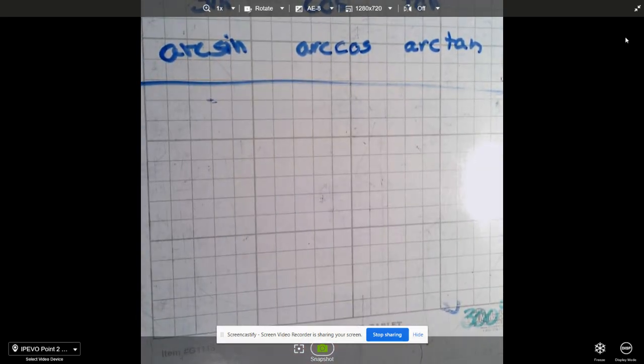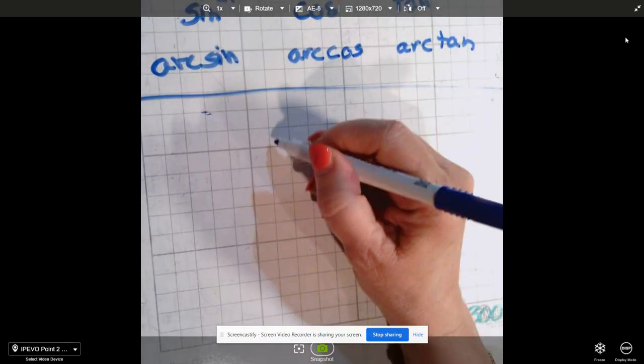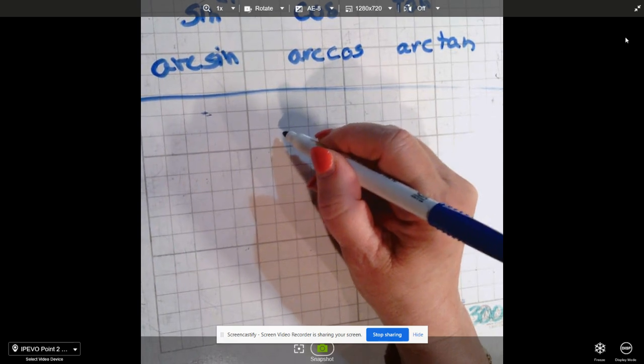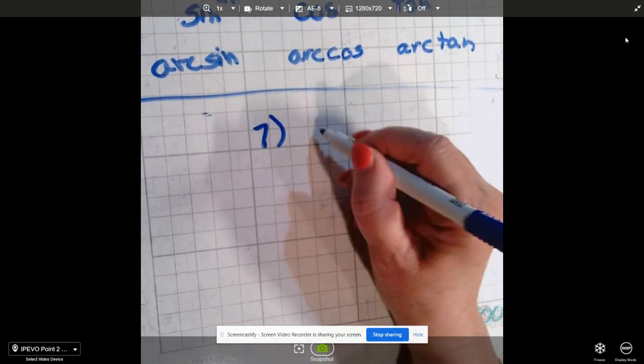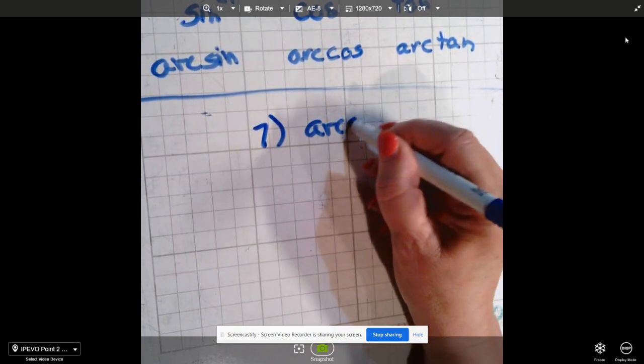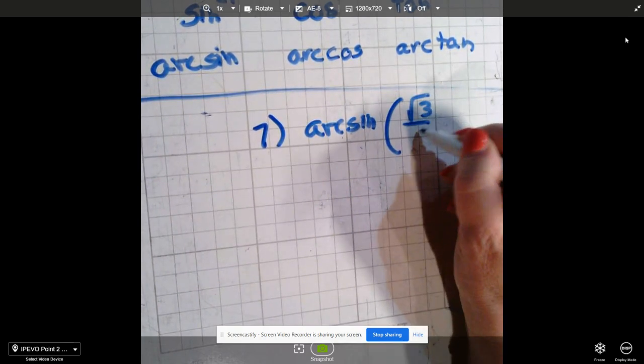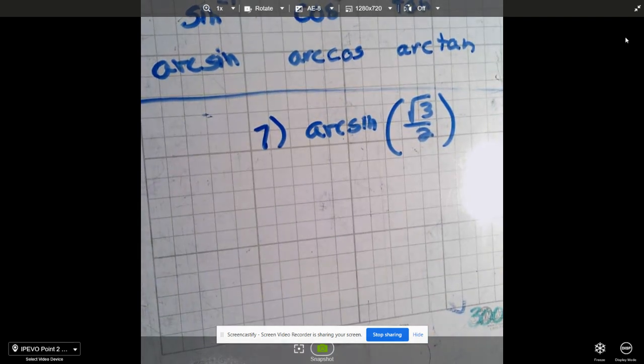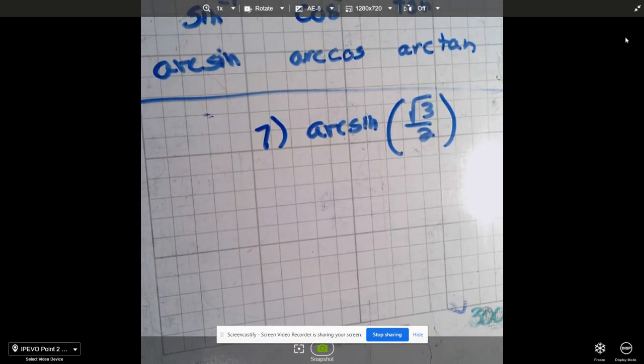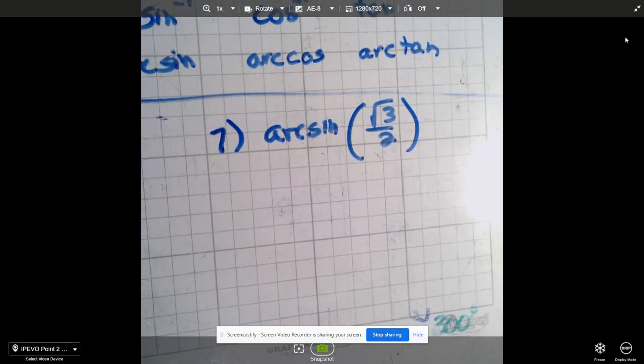All right, let's say I wanted to know, let's do number 7, the arc sine of the square root of 3 over 2. Number 7 actually says to answer it in degrees, but I'm going to answer it in degrees and radians just so you can see how that looks.